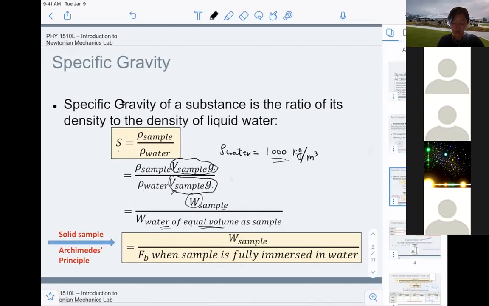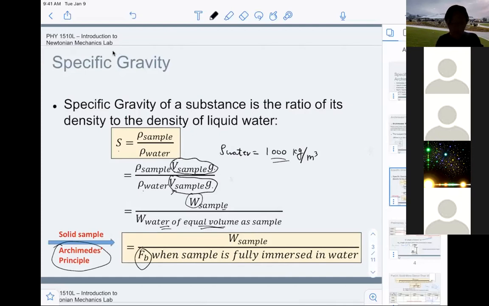As we said earlier, that is the water that's being displaced, because if you put an object of this much volume in the water, the water needs to make space for the object. So the water being displaced will have the same volume as the object, right? This much big. So that's the water being displaced, which is also equal to the buoyant force acting on the sample. So you can see from this step to this step is where we use the Archimedes principle.